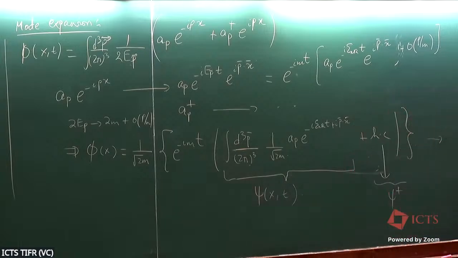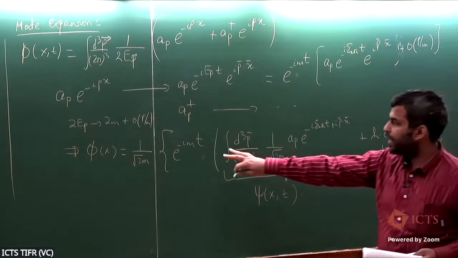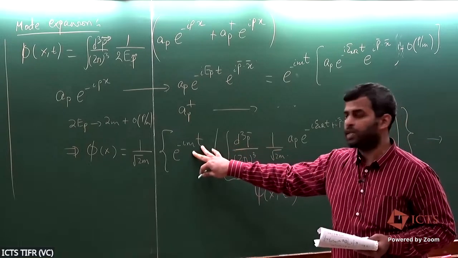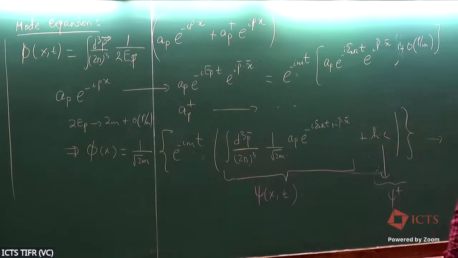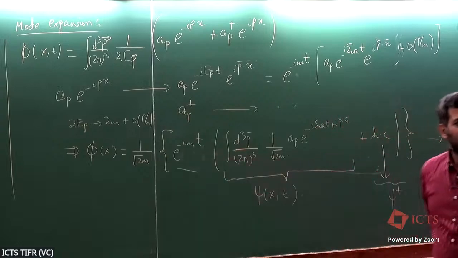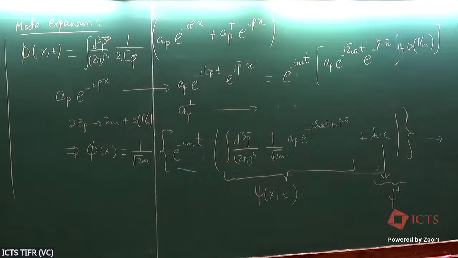In the action, we have an integration over time t. You would end up getting certain terms with exponential of imt or twice imt. But those are highly oscillatory terms, so you just average them out to 0, and you only include terms which do not include those pieces associated with the rest mass. And this is the Lagrangian that you would end up with.